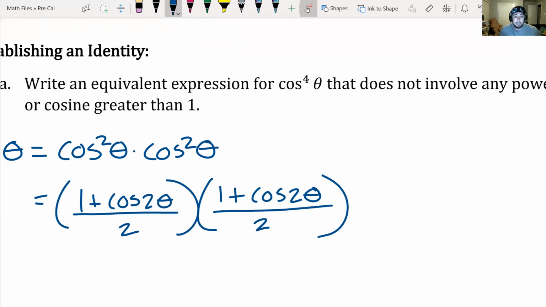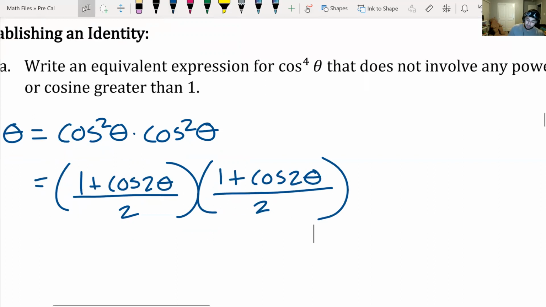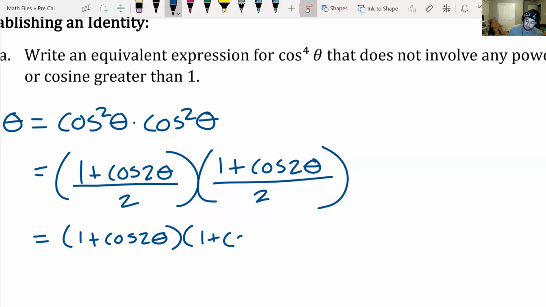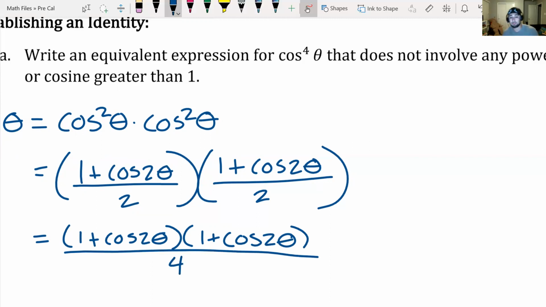Okay, looking good. So with fractions, you multiply straight across, right? So this would then become 1 plus cosine 2 theta times 1 plus cosine 2 theta, all over 4.